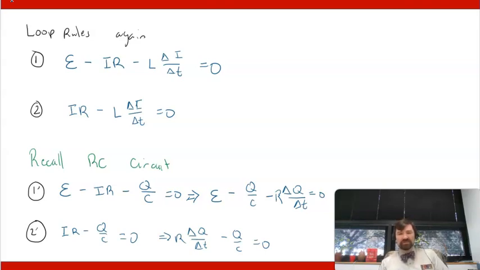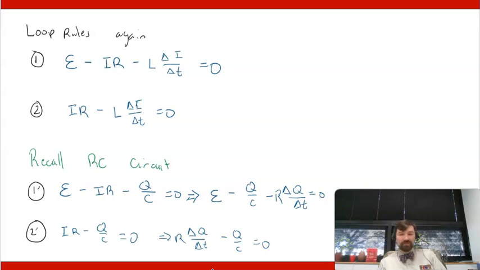So these two equations look very similar. We've swapped out current for charge, but otherwise they look similar. And 2 and 2' are also very similar. We have thing and we have minus rate change of thing. Here we have thing and minus rate change of thing. Now this one, I've got as minus Q over C and R delta Q over delta T equals 0.